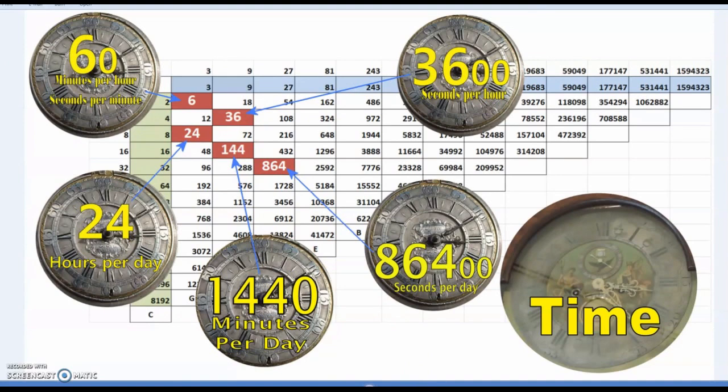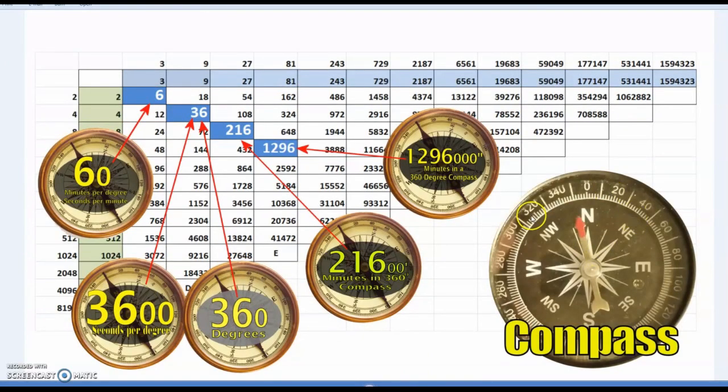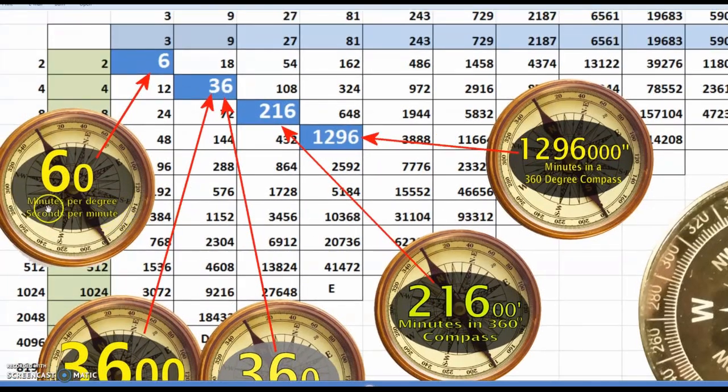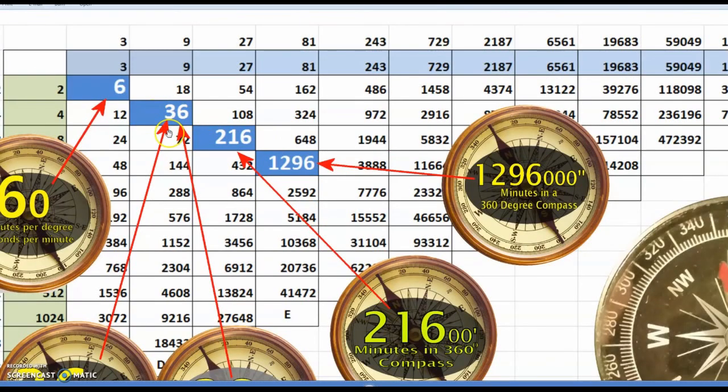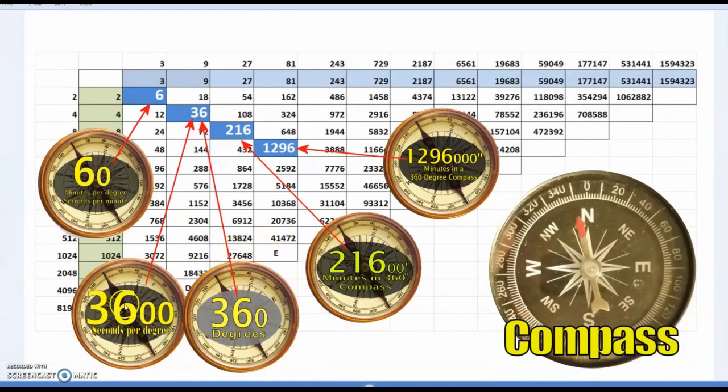That's measurement. Think of another measurement, the compass, or the 360 degrees. Again, each degree is made of 60 minutes, and each minute of the compass is 60 seconds, so 3,600 seconds per degree.